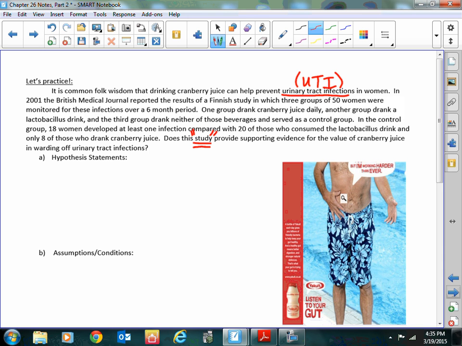Would you consider this an observational study or an experiment? Because with your next project, after the one that you have right now and you finish that, you're going to do an experiment. But let's see. They have these women.